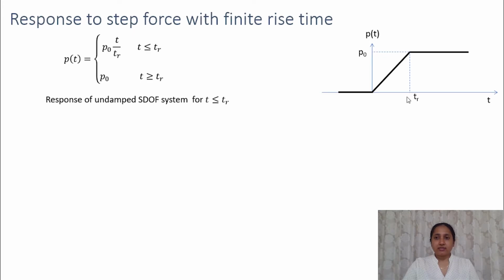When T is less than TR, we are in this zone, that means the ramp force is acting. The response in this zone will be equal to what we saw earlier: P naught by K, T by TR minus sine omega n T divided by omega n TR. This will be valid when T is less than TR.